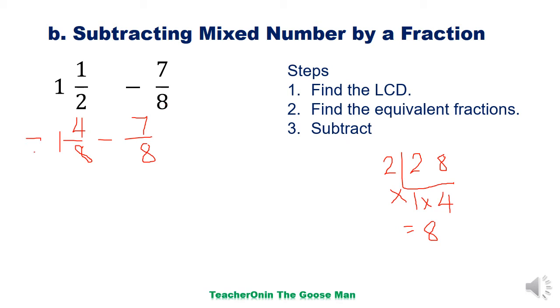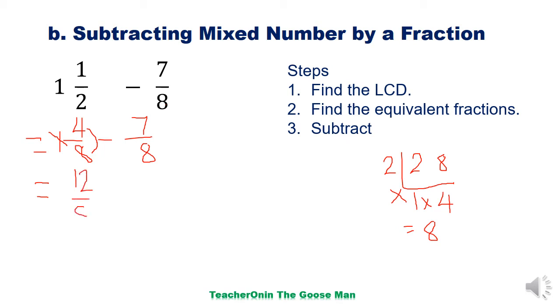Take note that I cannot subtract 7 from 4. So meaning to say, I'll rename 1 here. To rename this, okay, I'll subtract 1 from 1, so it will become 0. And then I'll add these two together, 8 and 4. That will serve as my numerator. So 8 plus 4 will give us 12.